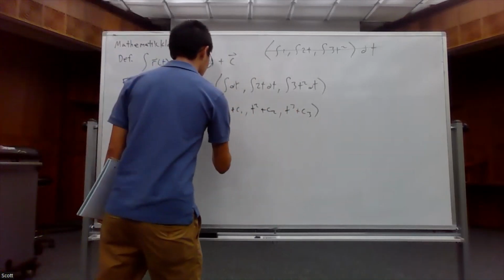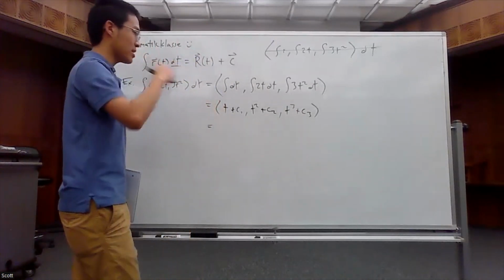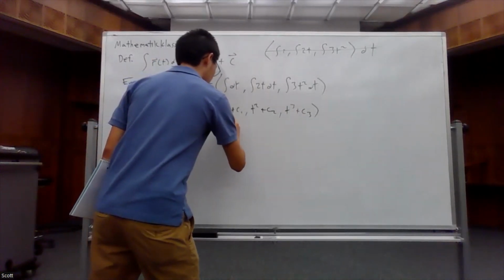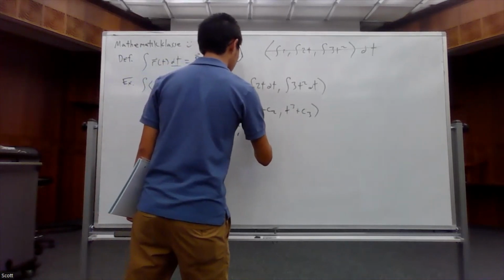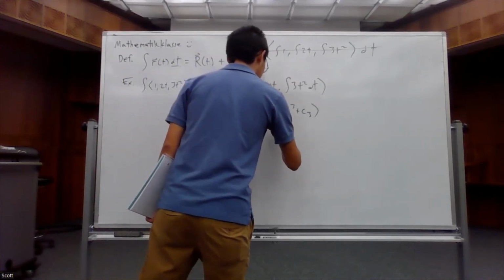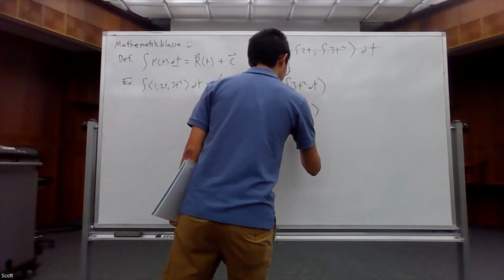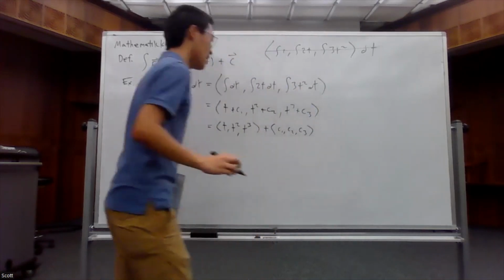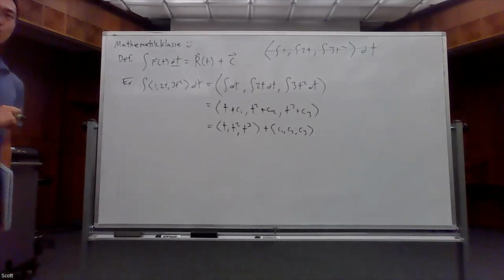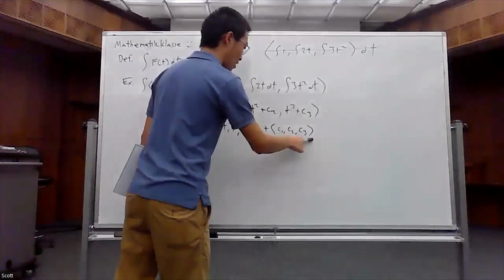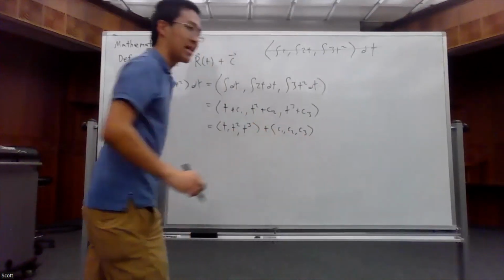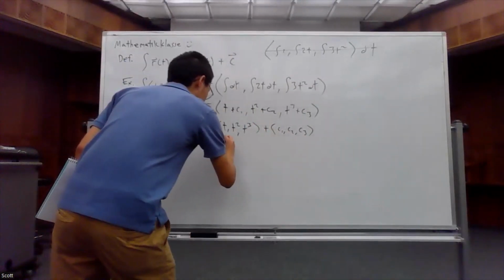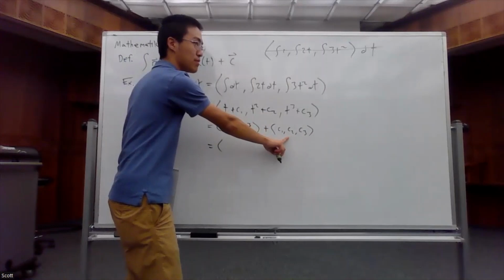Using what we know about vectors, we can split this apart. We keep all of the t stuff going on: t, t squared, t cubed. And then we can put together all of the constants: C1, C2, C3. And here's what you're always allowed to assume, regardless of how big the vector is or how many components you have: you can lump this together and call that the vector C. So you can just say this is a correct answer, while the other one would be marked wrong.